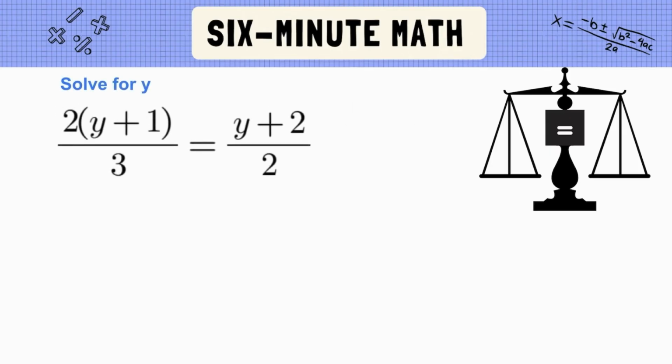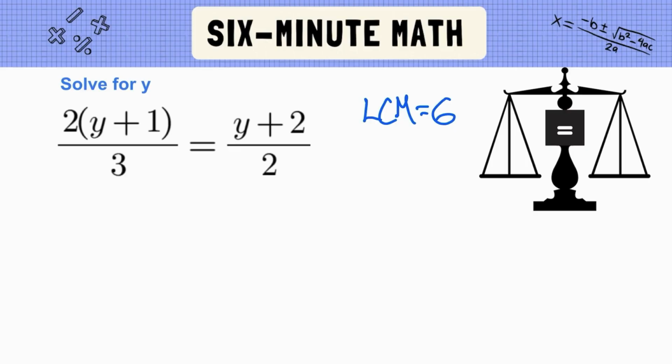Let's solve for y in the following. Now in this case, I need to find my lowest common multiple of my denominators to get rid of those denominators. I'm looking at 3 and 2, and my lowest common multiple would be 6.